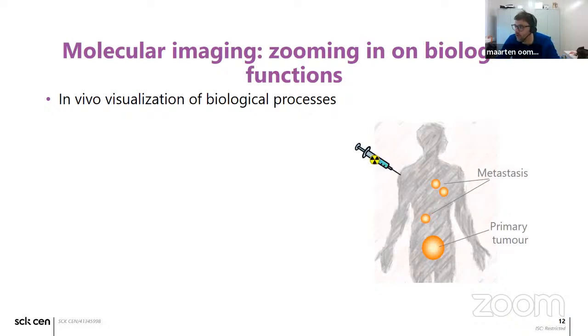So basically what you will do is inject a radiopharmaceutical into a patient. It will automatically accumulate in the tissues that you are targeting. In this example, if you target tumor tissue, it will accumulate in the tumor. But the nice part about this is that because you're looking at biological processes, the metastases, which are most of the time biologically the same as the main tumor, will also accumulate the radiopharmaceutical, meaning that they can light up in an image.